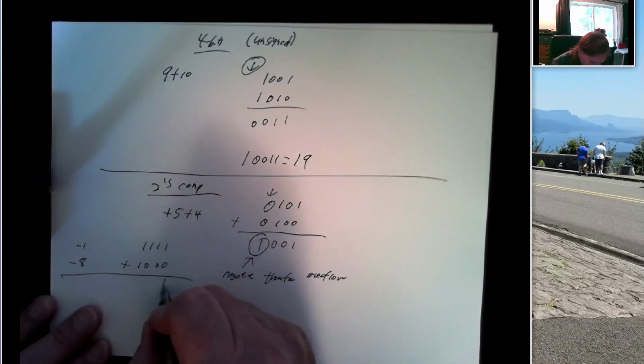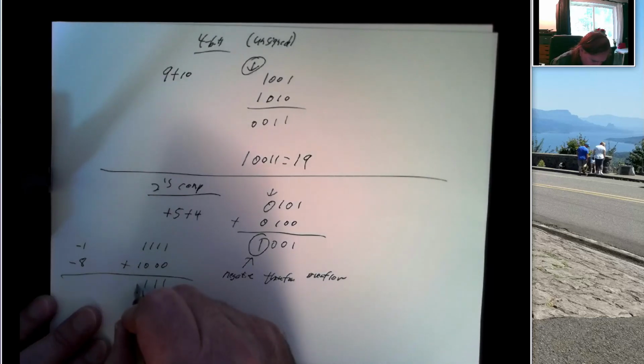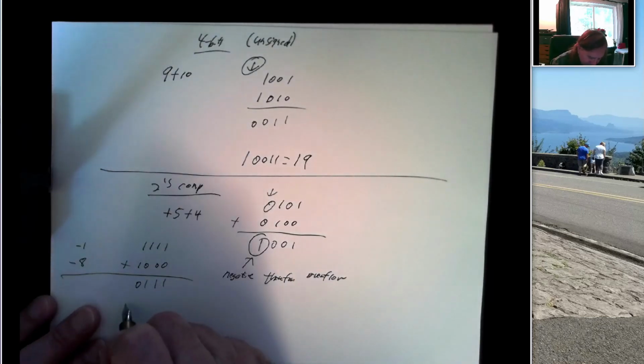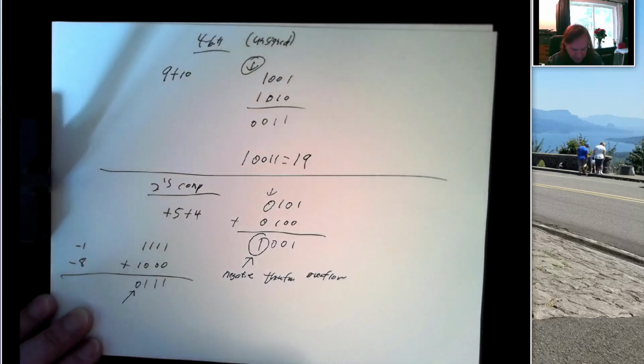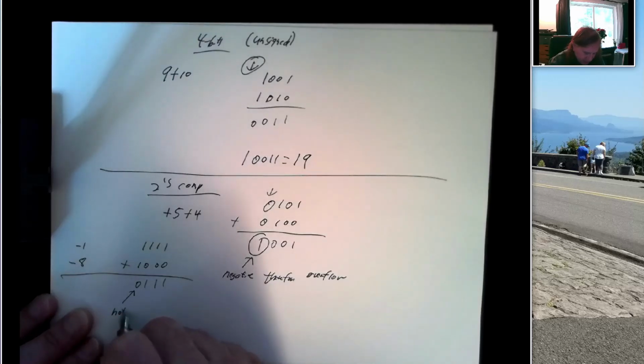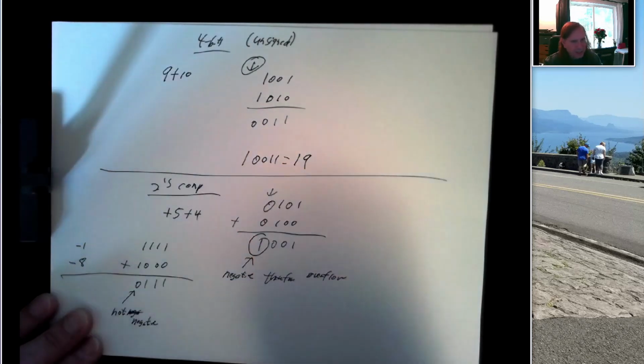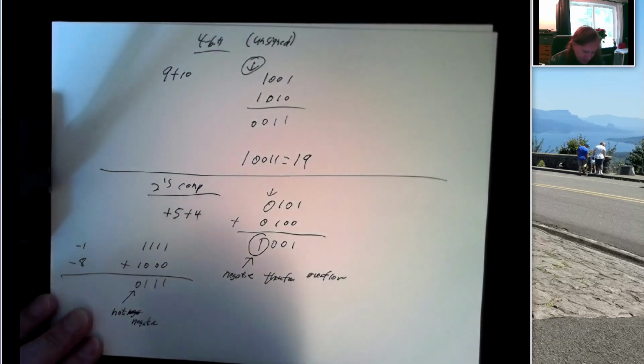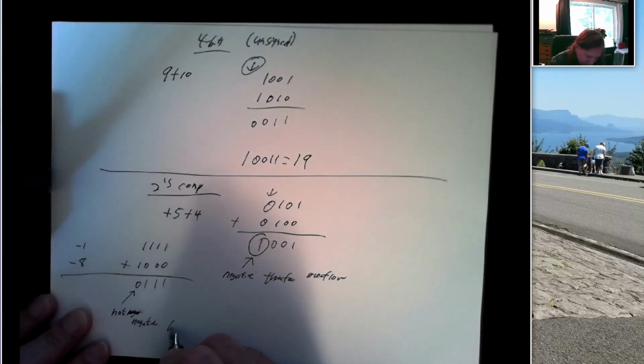And what do I get? I get a 1, 1, 1, 1, and 1 is a 0. And my sign bit tells me that my sum is not negative. But I added 2 negative numbers, I should get a negative. So since my sum is not negative, I have an overflow.